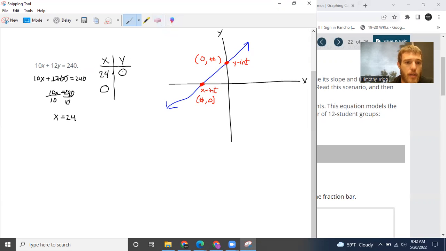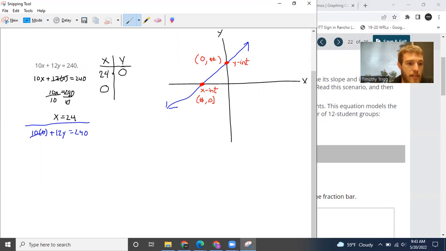Now what about the y-intercept? Well, for the y-intercept, I replace the x with 0. So 10x becomes 10 times 0. Remember, if a number is right up against the variable there, that means they're multiplied. So 10x means 10 times x. Plus 12y equals 240. What's 10 times 0?